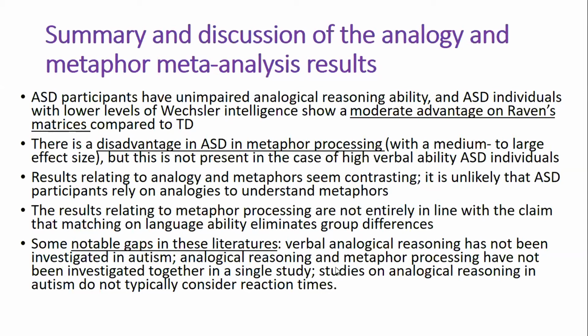So this was more evident in the lower ability samples. So you can see that there's a contrast between these results, and based on these results, you could probably assume that autistic participants probably don't rely on analogical reasoning when they try to process metaphors, because then they should probably do better on metaphor tasks.